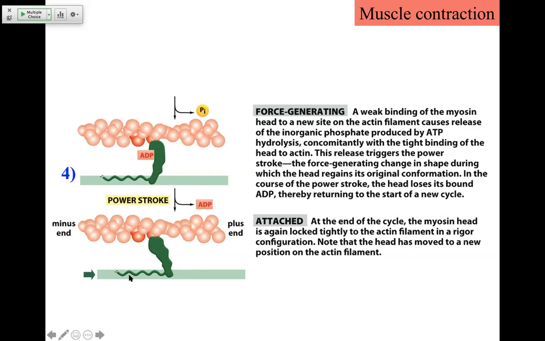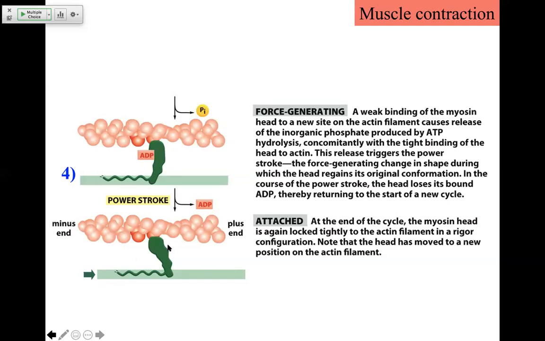That power stroke has now caused the myosin filament to move to the right towards the plus end, which is in effect moving the actin filament towards the left to the minus end.